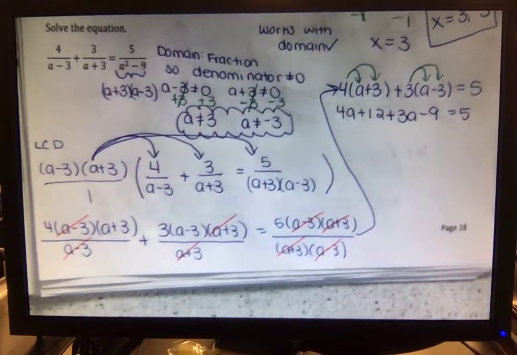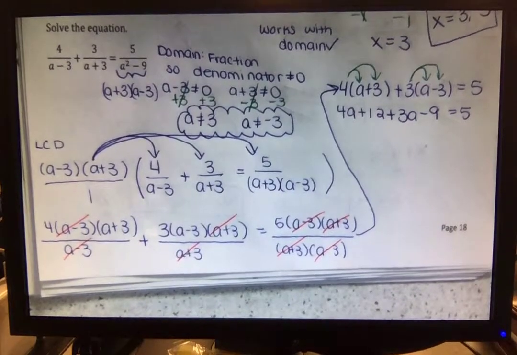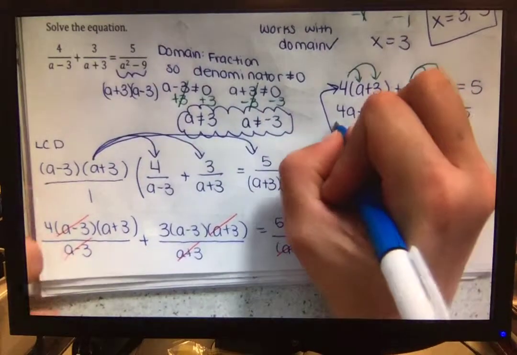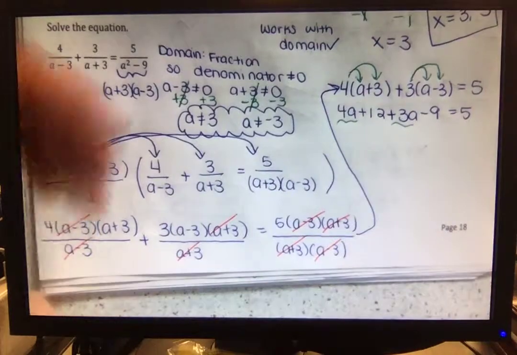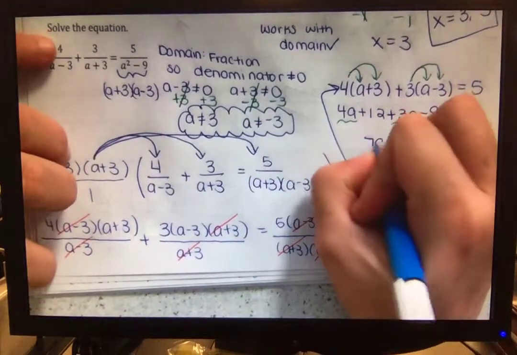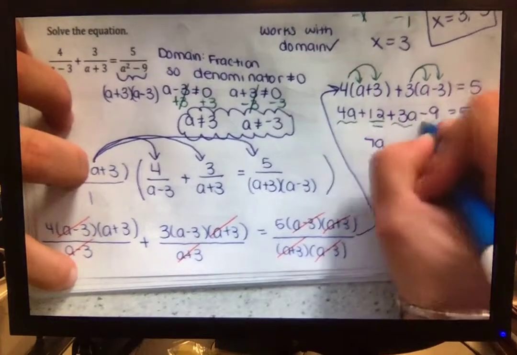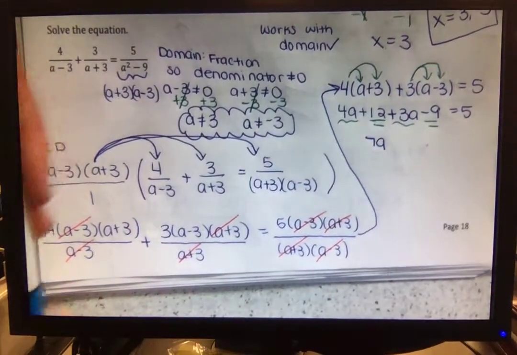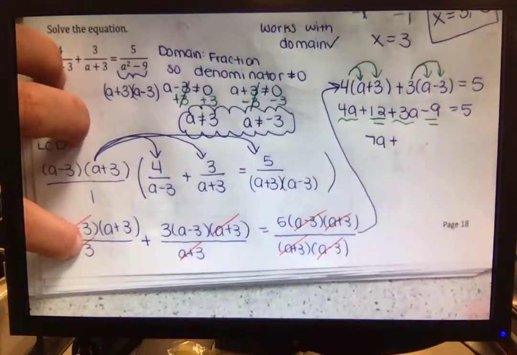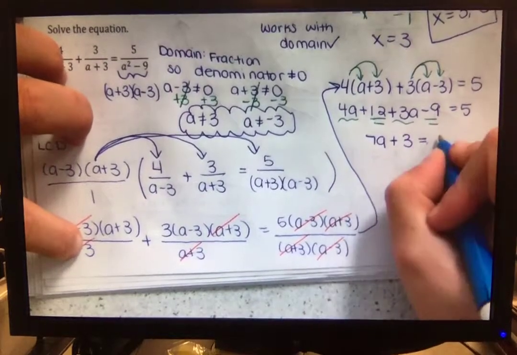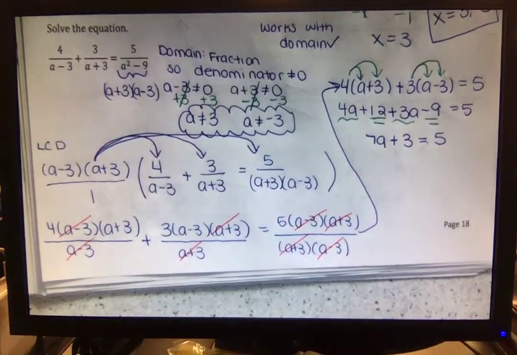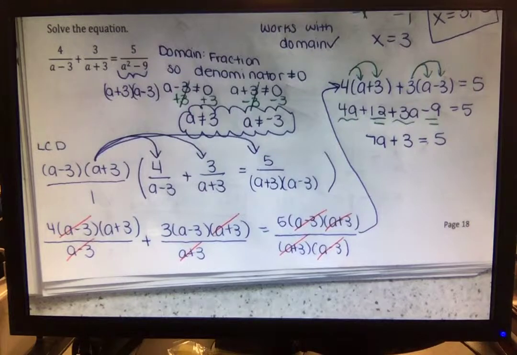Now what? Combine like terms. So 4a plus 3a is 7a. 12 minus 9 is 3. 7a plus 3 equals 5.